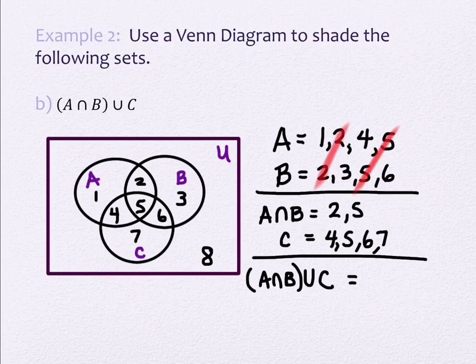All the numbers that are included. So this includes what? 2, 4, 5, 6, and 7. With union, I get everything. So over my picture, I shade in 2, 4, 5, 6, and 7.